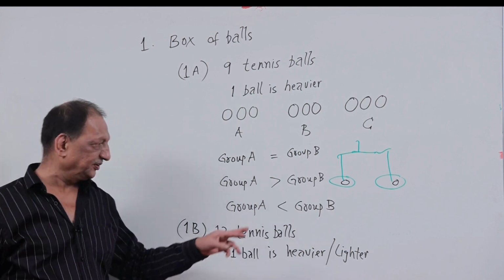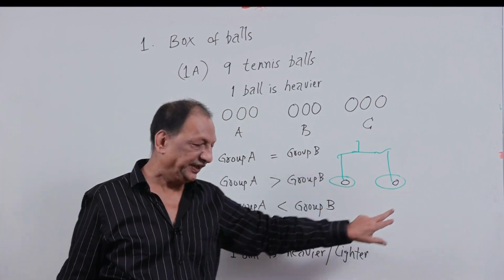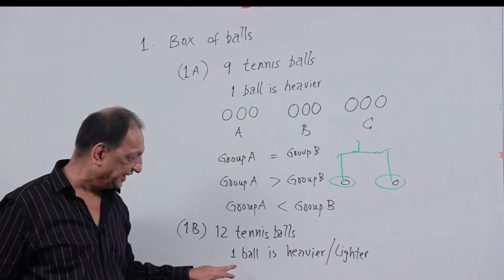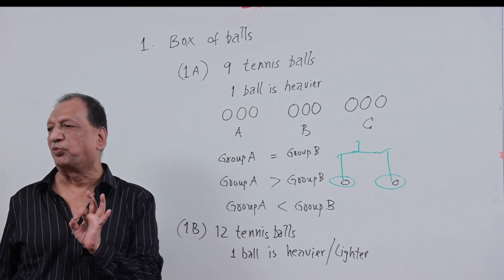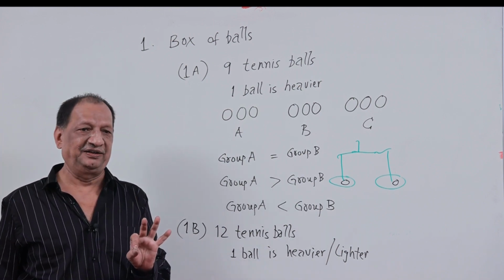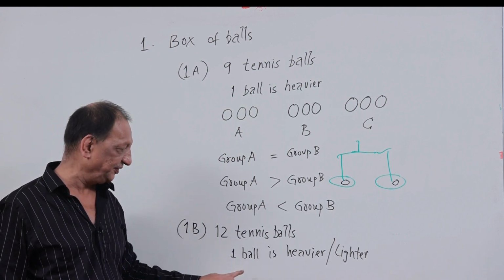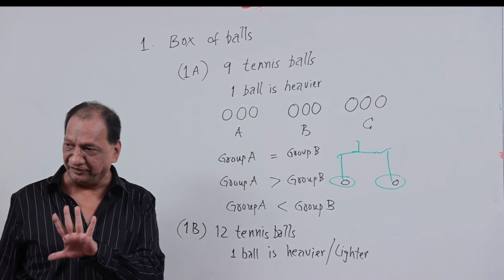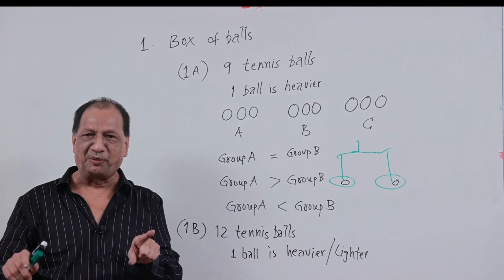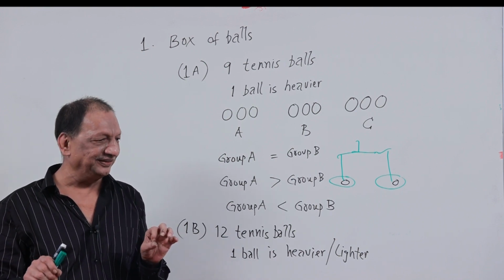In 3 weighings, now that one we solved in 2 weighings only. Here you are given 3 weighings. In 3 weighings, you have to identify the defective ball and also tell whether it is heavier or lighter in all cases. Okay, that is your problem. You have to think. One more puzzle we'll come up with shortly after the break.